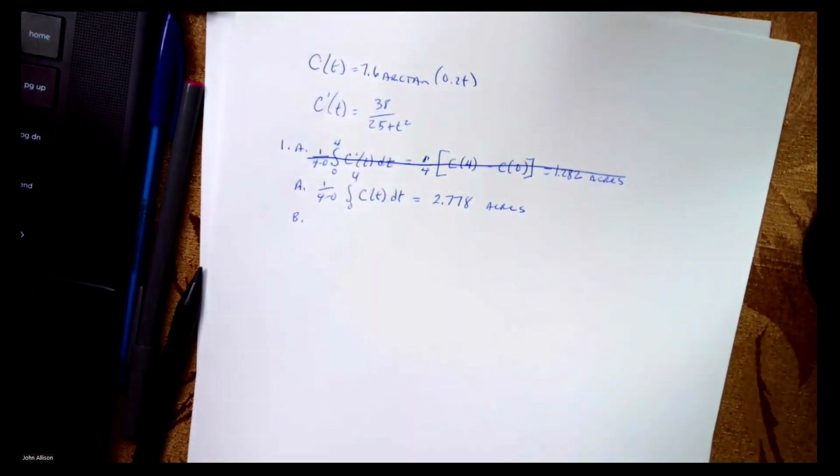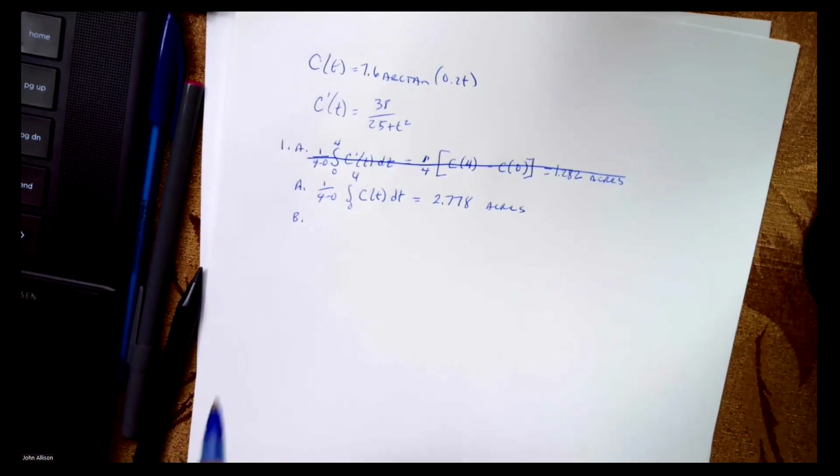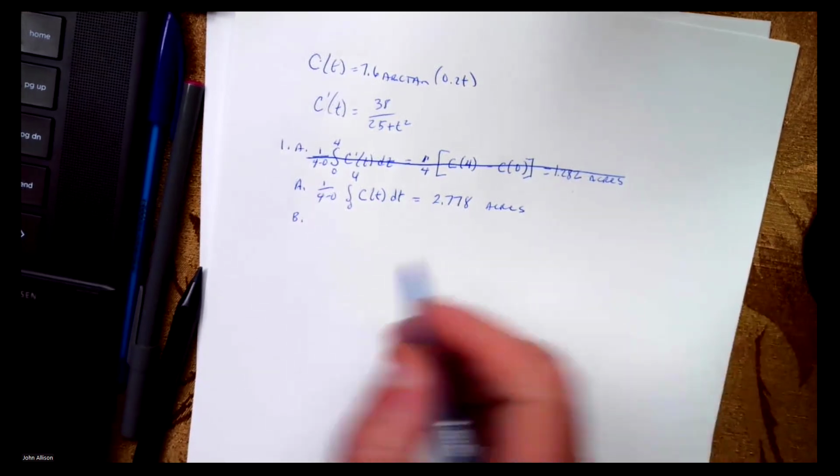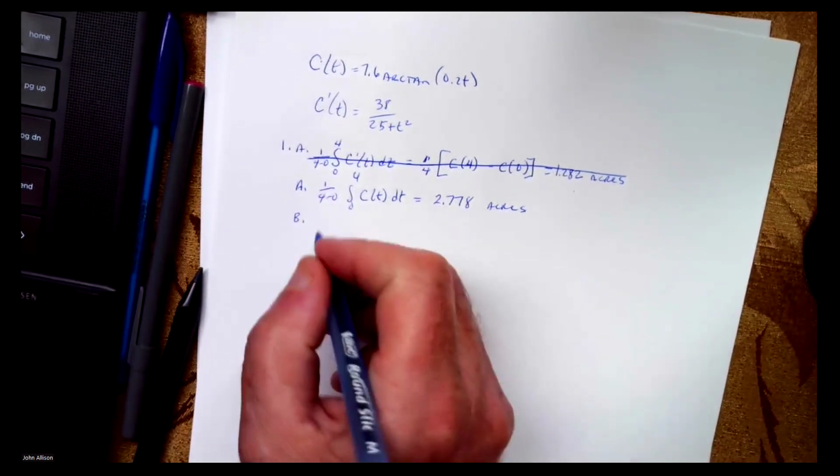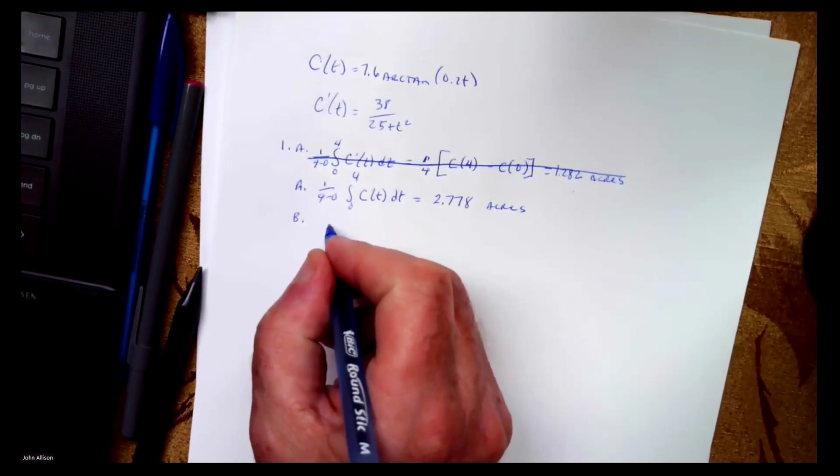Now, let's go back and look at that part B. Now I want to find the time t when the instantaneous rate of change equals the average rate of change. So we did find the average rate of change up here.